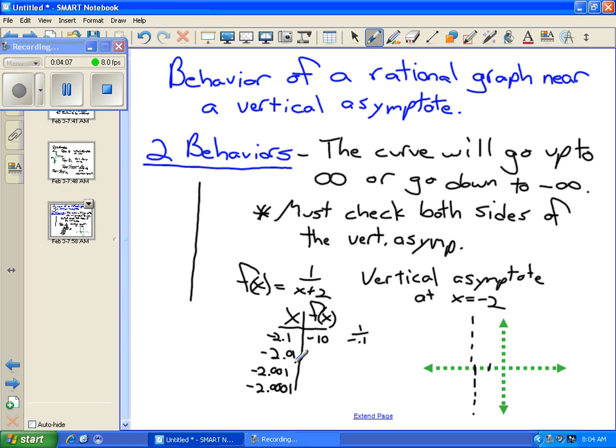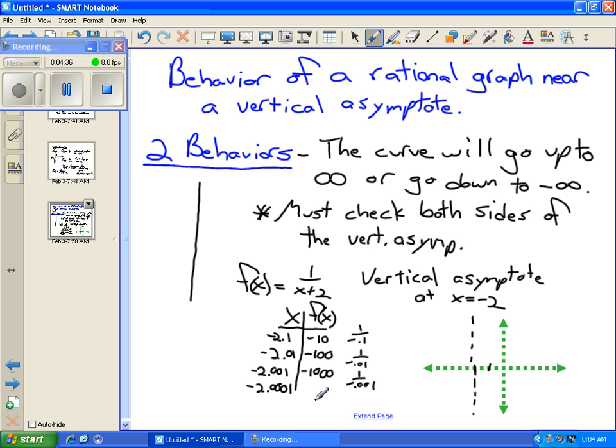If I put negative 2.01 in there, that's going to be 1 over negative 0.01. That's negative 100. If you don't believe me, you can do it on your calculator, and you'll get negative 100. So you can kind of see the trend here. If I plug in negative 2.001, I get 1 over negative 0.001, which is negative 1,000.